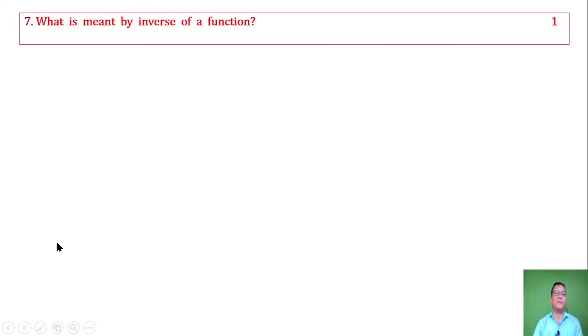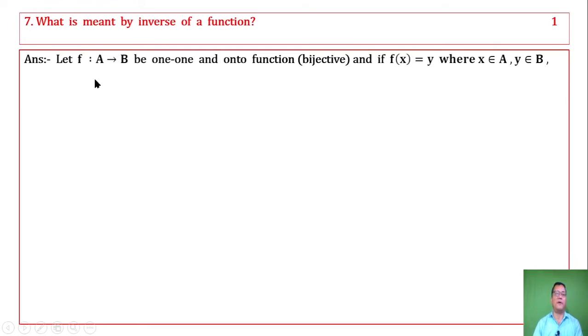Question number 7. What is meant by inverse of a function? Let f be a function from the set A to the set B, which is one-one and onto, that is a bijective function.